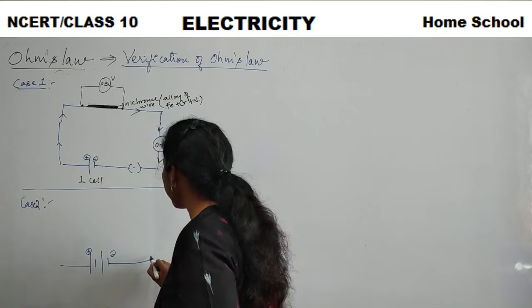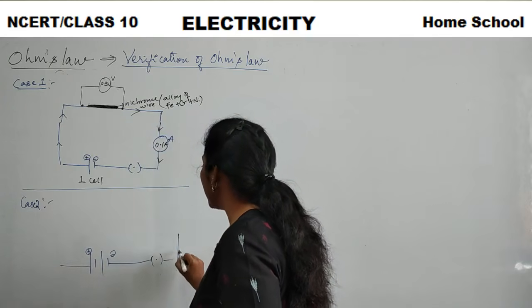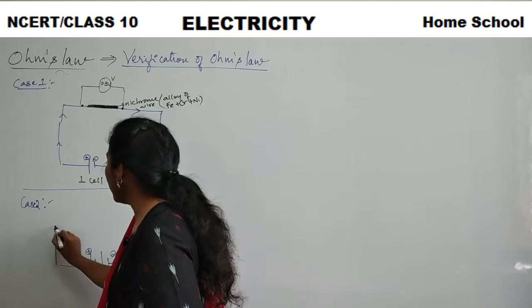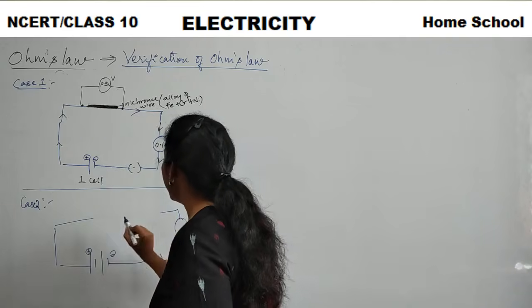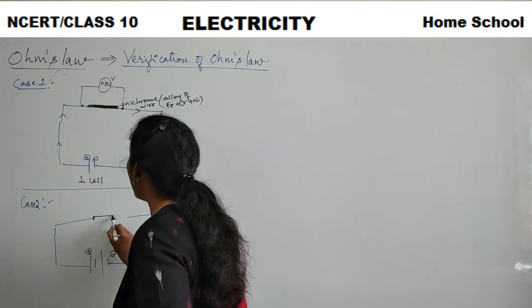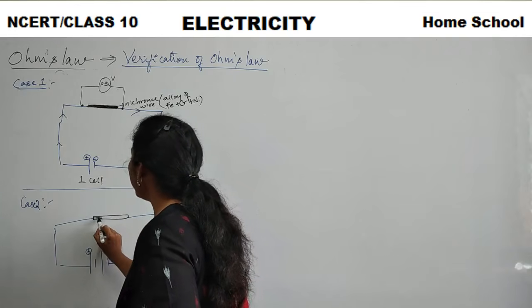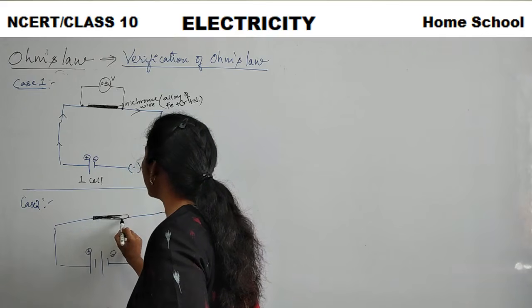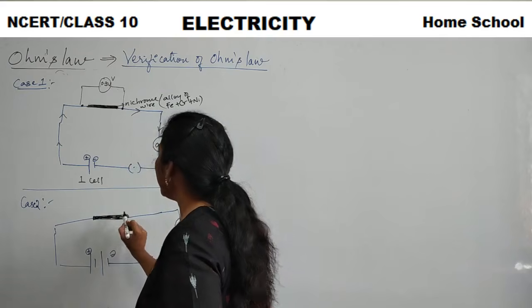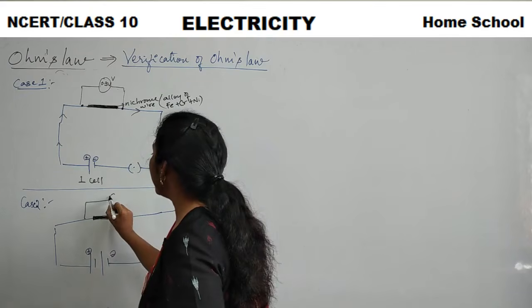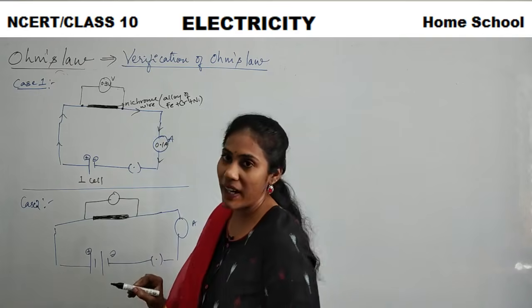Rest all same. The switch is there and the ammeter is placed. Then somewhere here, nichrome wire of the same length. I took 0.5 meter of nichrome wire, the same wire, and I connected a voltmeter across the nichrome wire.